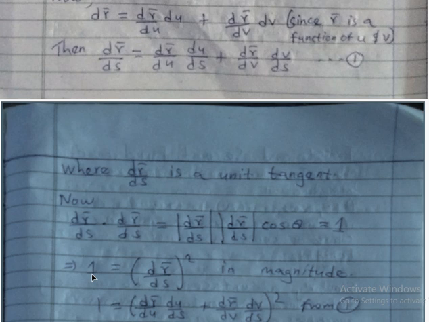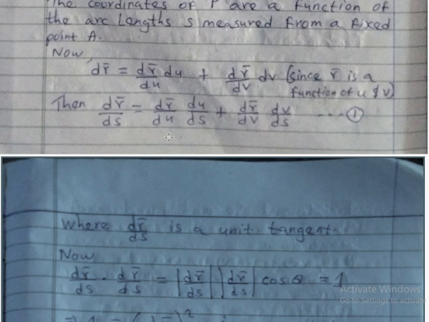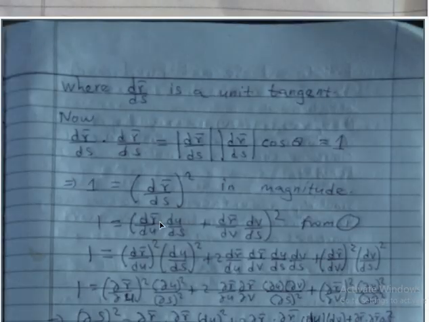Since r is a function of both u and v, and from equation 1 we had seen that dr/ds is the same as dr/du times du/ds plus dr/dv times dv/ds, then it means that 1 is the same as the square of that bracket.